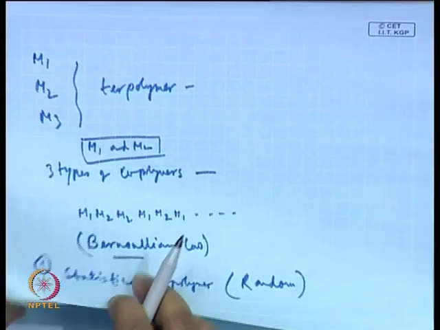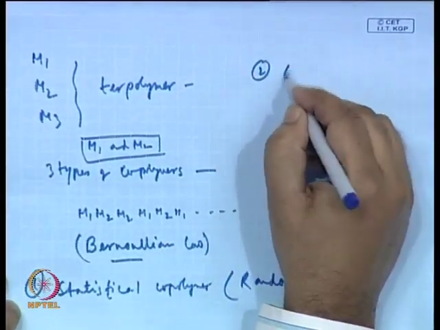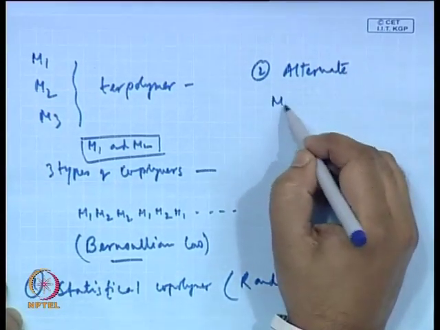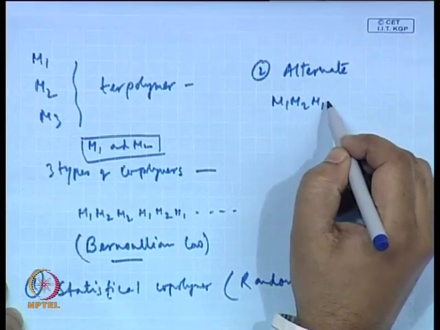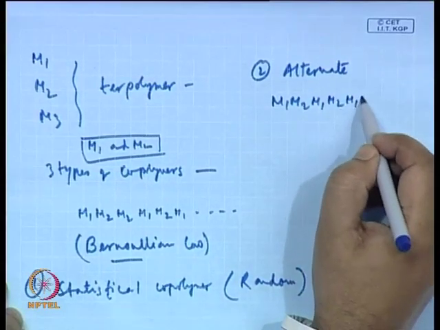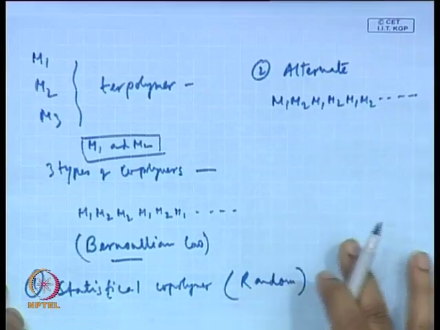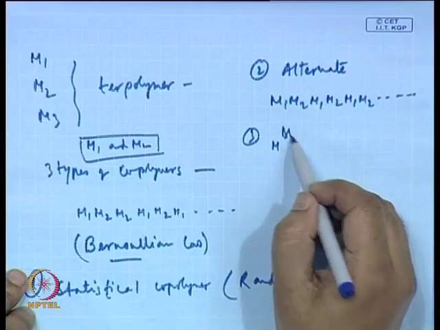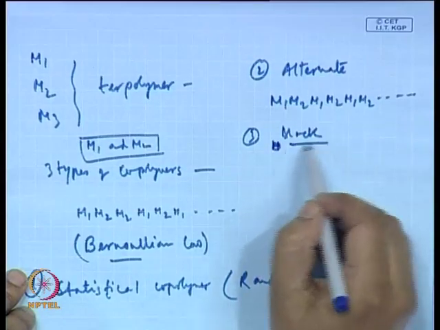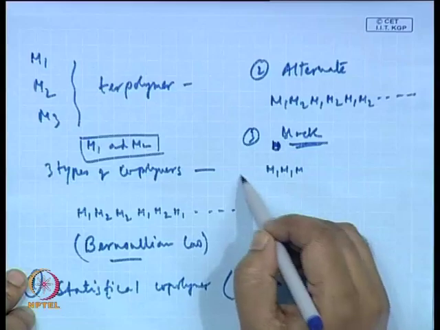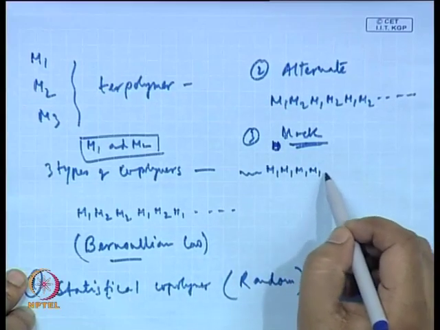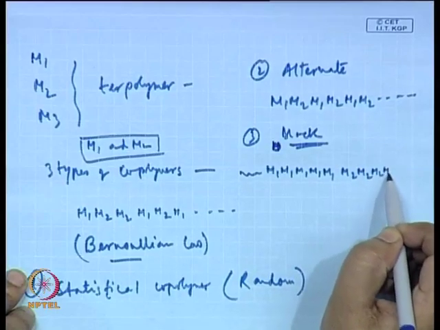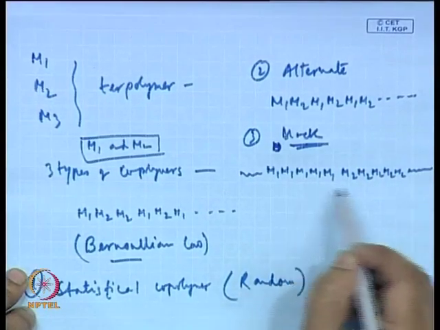The second type is alternate copolymer, where you have alternate arrangement of these two monomers, and third is block copolymer, where you have a significantly longer chain of say M1 and a significantly longer chain of M2.